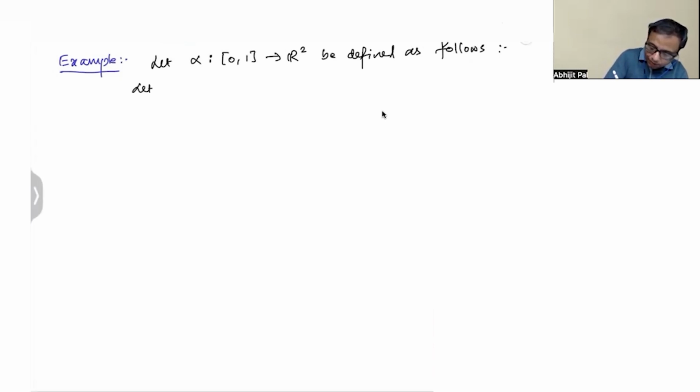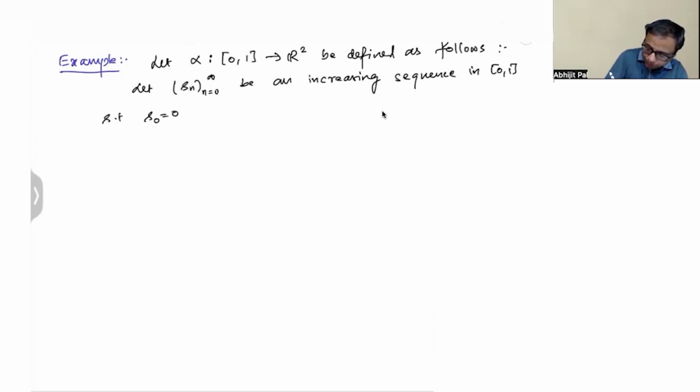Let Sn be an increasing sequence in the closed interval 0, 1, such that S0 is equal to 0 and the limit as n tends to infinity of Sn is equal to 1.